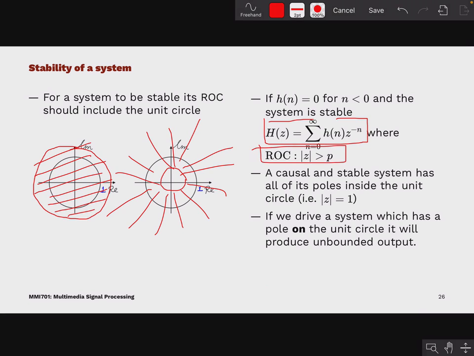If you excite it with an impulse and don't excite it anymore, if you just send it an impulse, it's going to start oscillating and it's going to create a sinusoid at that specific frequency which that specific pole corresponds to. Then it will be, if you like, critically stable. But if you feed it a constant, if you feed it something like a sinusoid, then it's going to diverge. The output is going to diverge, and its output is going to be unbounded.